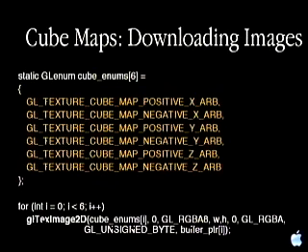After we've bound our texture map object, we need to download the textures. Downloading the texture images to the texture objects is very similar. We have these 6 new constants. Each constant corresponds to a face of the cube map. And as you can see here, I just go through the 6 constants and download them. These are cube maps, so the width and height must be identical.